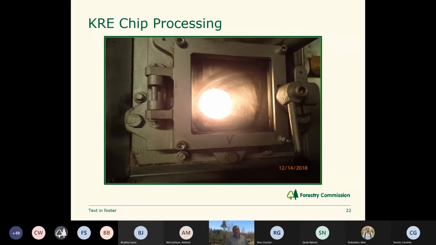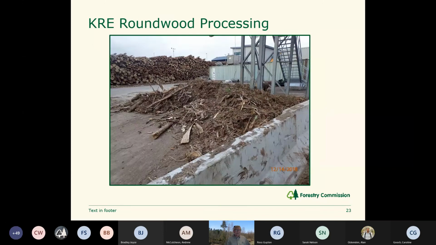So it's quite a challenge for the power plant to meet our requirements in terms of how quickly they handle material, what they do with the co-product and the arising. This is the sort of sweepings they have from the log yard and from the loading conveyor that takes the roundwood into their chip hall where it's chipped.